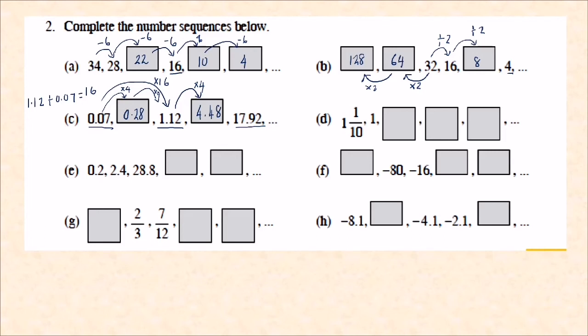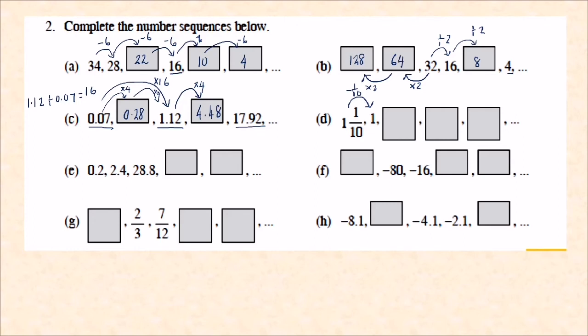Okay, so now D. 1 over 10. The next number is 1. So I know already, this one must be minus 1 over 10. 1 over 10 minus 1 over 10 equals 1.